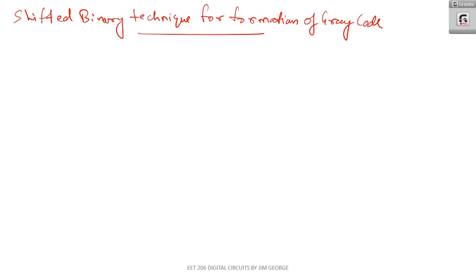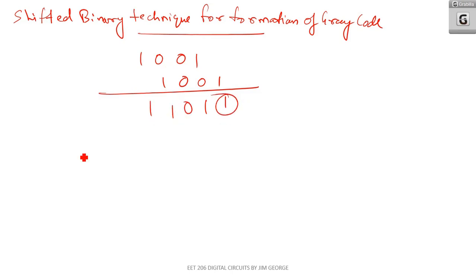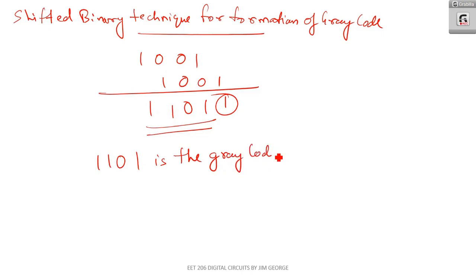For example, I need to obtain the gray code of 1001. What to do is you shift it like this, then add these two. So you will get 1 plus 0, 0 plus 0, 0 plus 1, and neglect this last part. So you will get 1101. That means 1101 is the gray code of 1001.